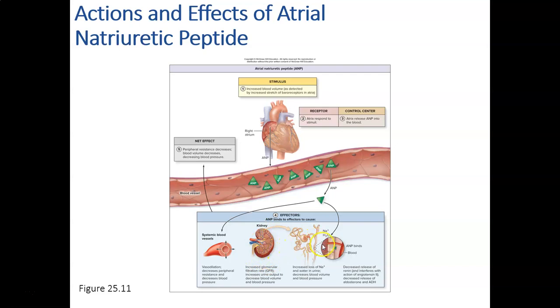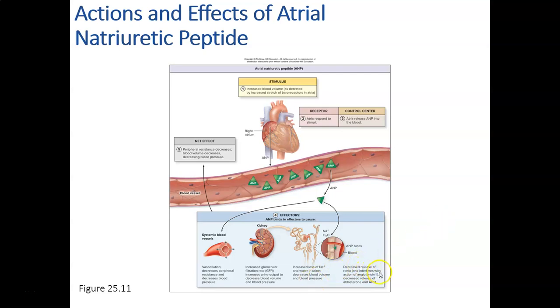But then on the principal cells, it actually inhibits the work of aldosterone. So it inhibits reabsorption, increasing the loss of sodium and water in urine. So the result is you increase the urine output and decrease the blood volume and blood pressure.